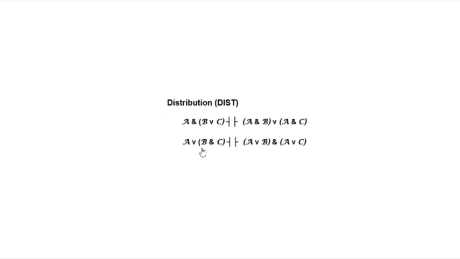Alternatively, if you have A or (B and C), that is logically equivalent to (A or B) and (A or C). And again, because it's an equivalence, you can substitute these within formulas and you can go one way or the other.